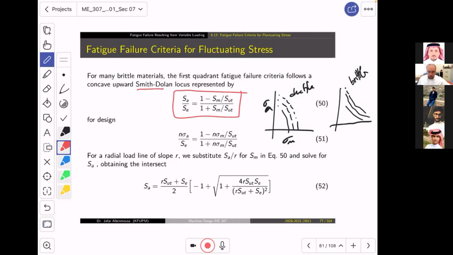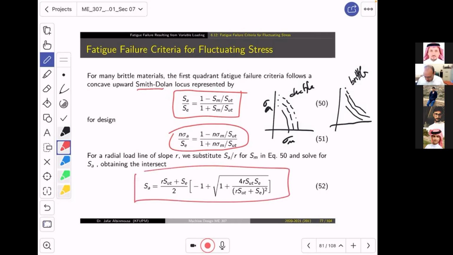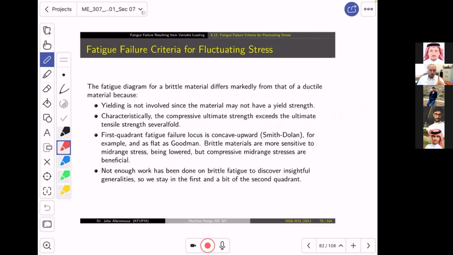It is SA divided by SE, where SA is the amplitude strength and SE is the corrected endurance limit, and that equals 1 minus SM over SUT divided by 1 plus SM divided by SUT. This is the equation when we replace SA with N sigma A and SM with N sigma M, and this is the intersection between the equation and the load line. But one equation only, that's all we have.